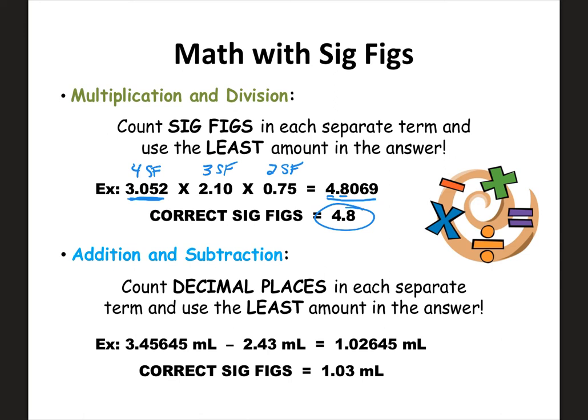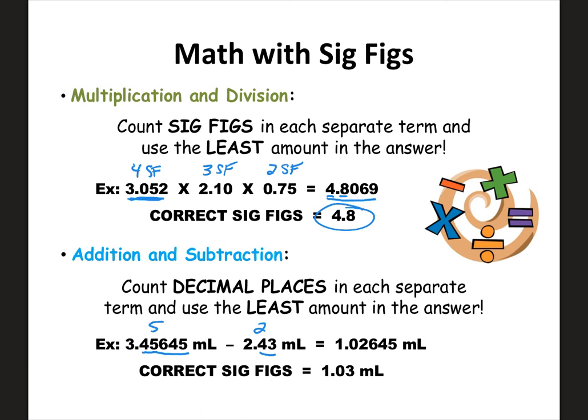So if we just look at the decimal places in this first term, okay, how many numbers are after the decimal place essentially? This would have 5 decimal places, okay? This number here would just have 2 decimal places. So we counted decimal places in each. The least amount is 2. So that means my answer can only have 2 decimal places, not 2 sig figs, 2 decimal places.